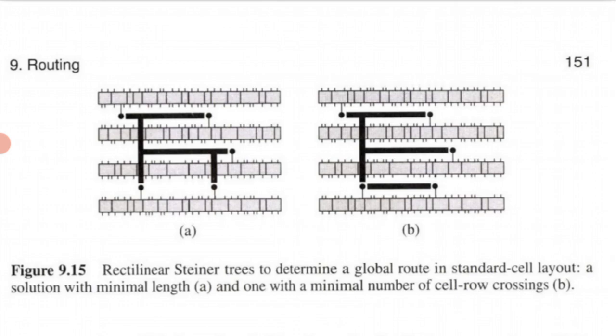The black connection is cutting the cell through a feed through cell. That is, a feed through cell is nothing but a cell through which we are able to make the connection.